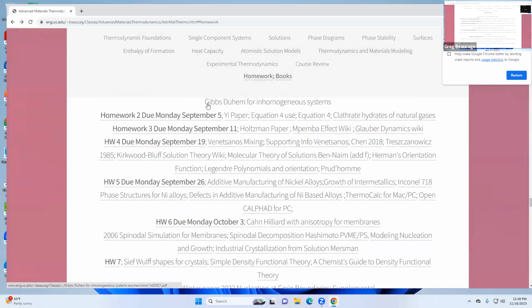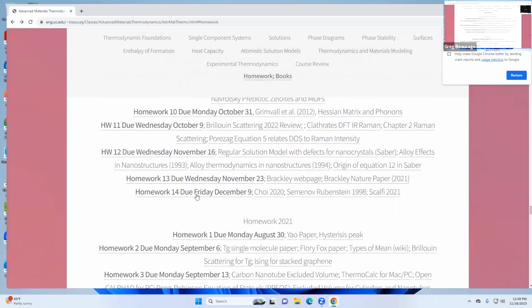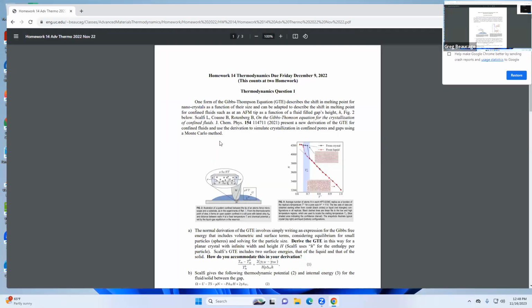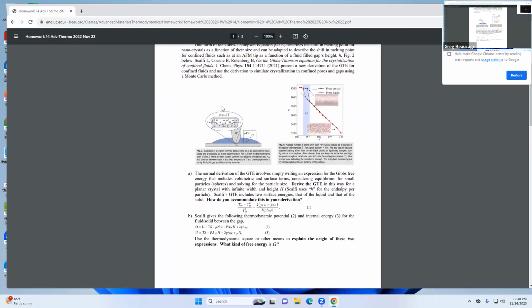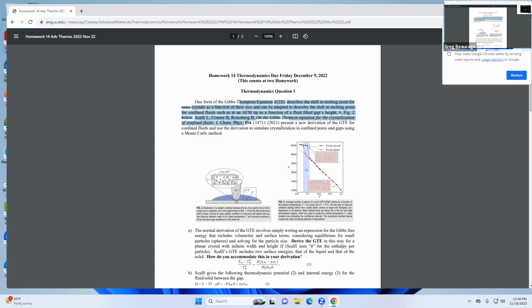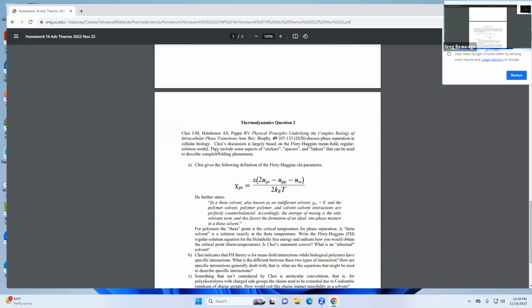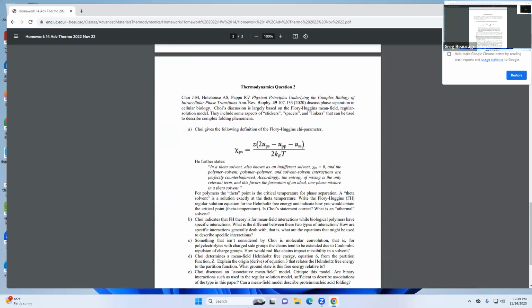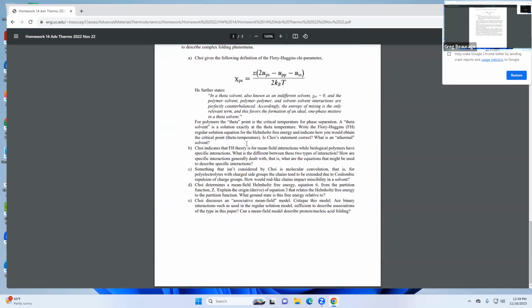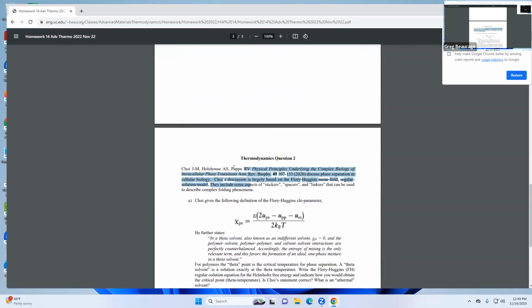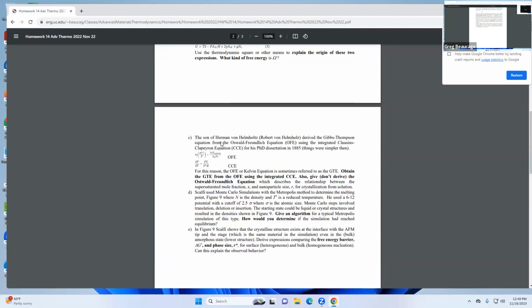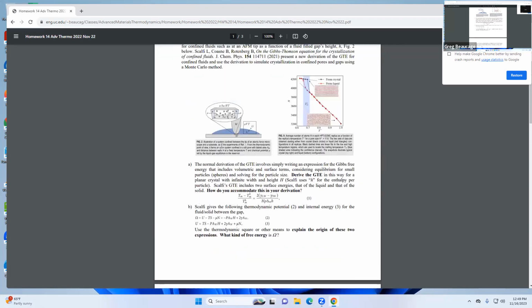It's due the end of finals week, and there's something about the Gibbs-Thompson equation, it's a surface thing. And there's something about phase separation. This is last year's homework, which will count as two homeworks. So we might be able to start it now, technically, just not the experimental part.